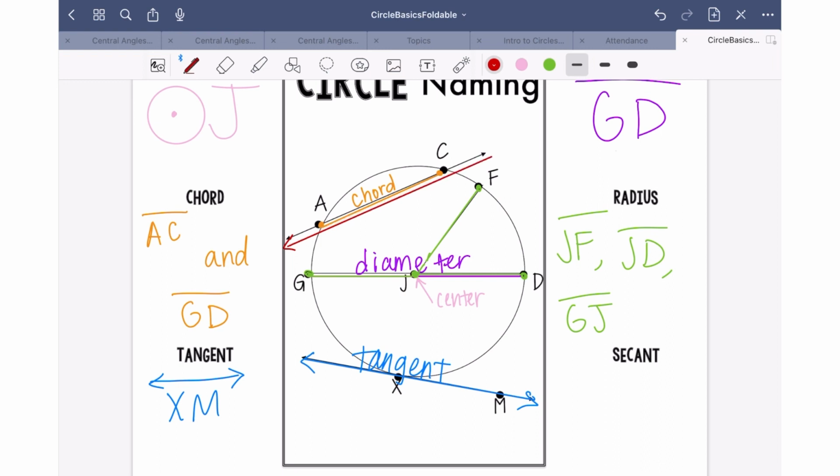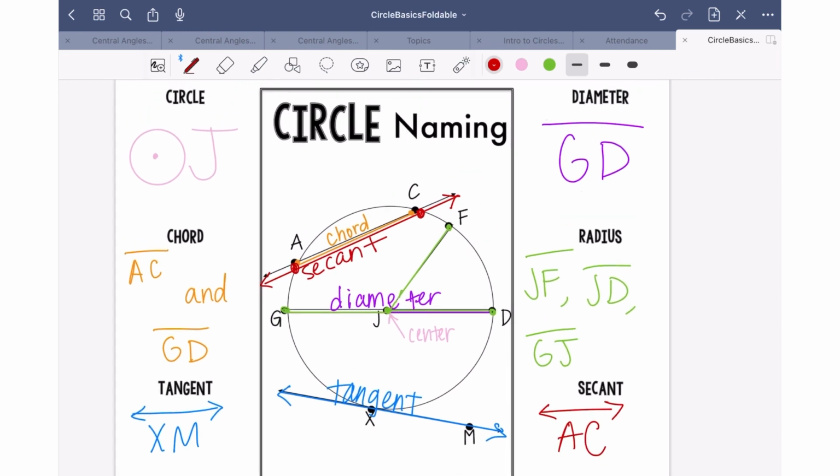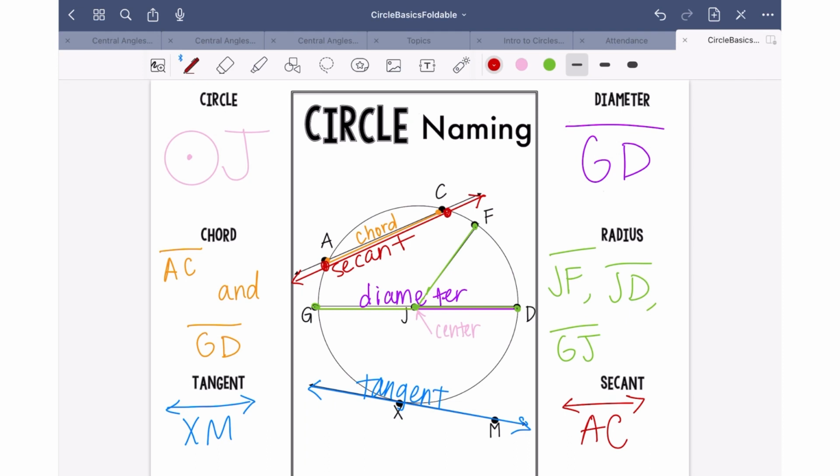That includes that chord that we drew on there. So here's the secant line because it crosses through the circle. It intercepts it at two points. So that's going to be line AC. So this is just to focus on how you write the names.